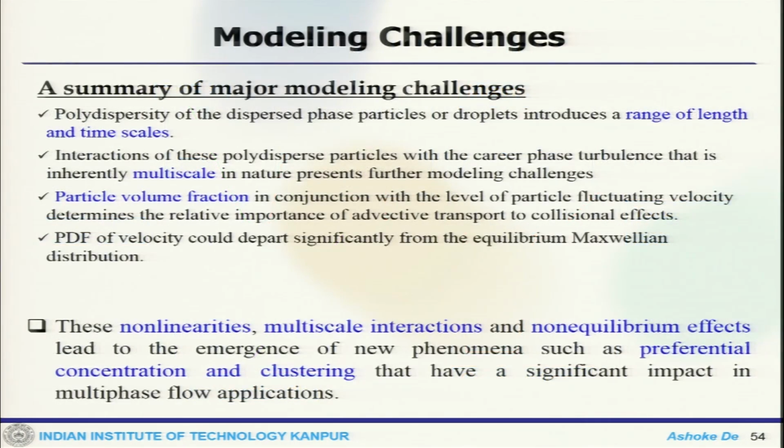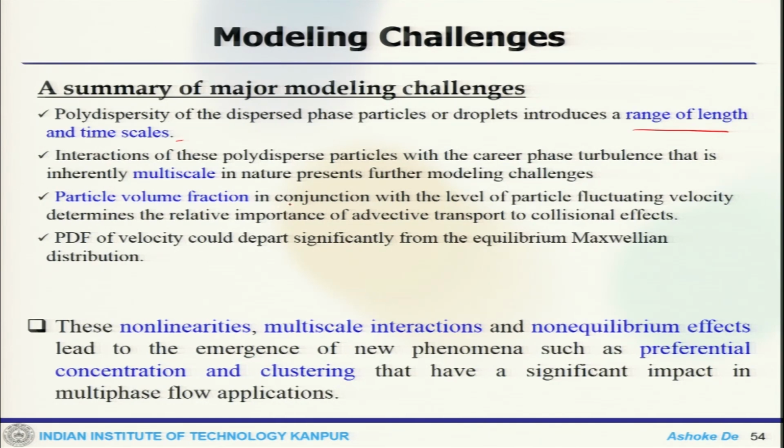Now, if you put a summary of these things, the polydispersity of dispersed phase particles and droplets introduces a range of length and time scales, which is very important. Then the interaction of these polydispersed particles with the carrier phase turbulence, that is inherently multiscale in nature, complicates the modeling part further.